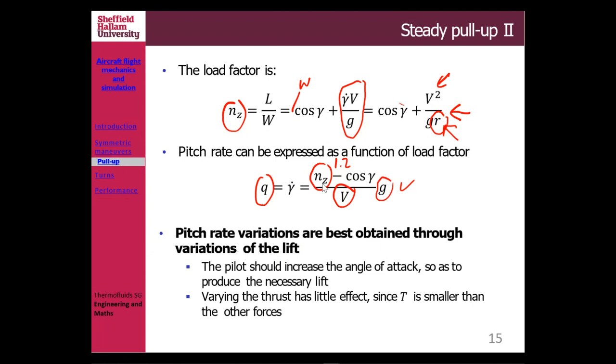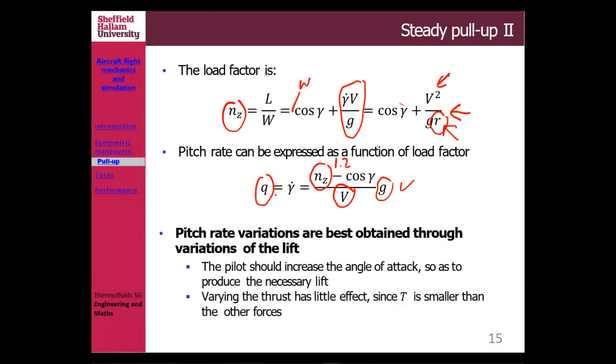Usually, the first thing your pilot will do is increase the angle of attack to produce the necessary lift. And then after that, it goes with the thrust to increase the speed in order to make Q slightly smaller.